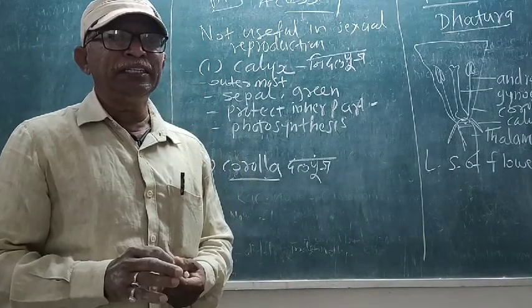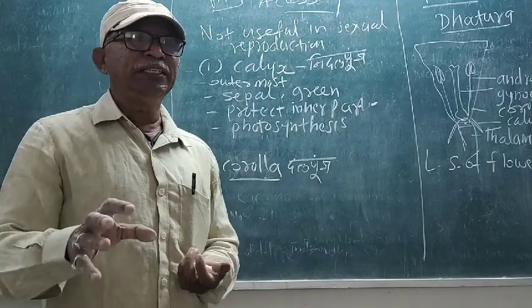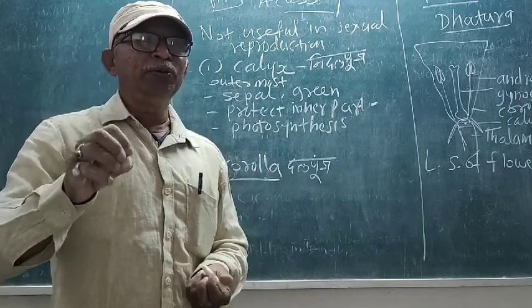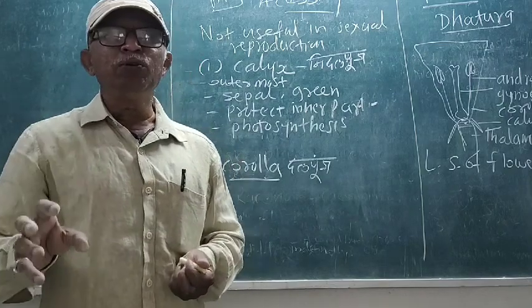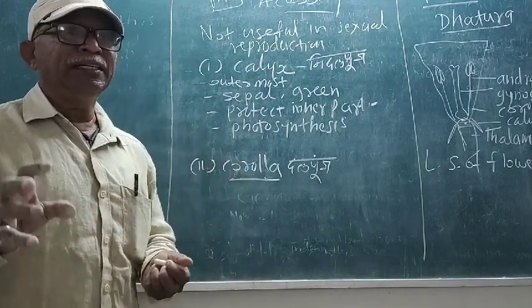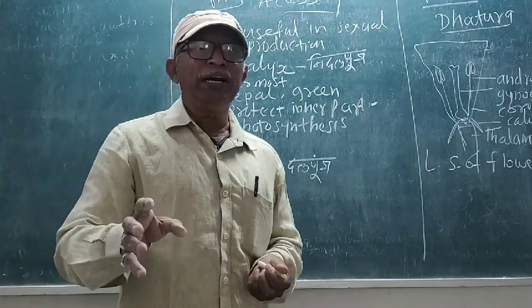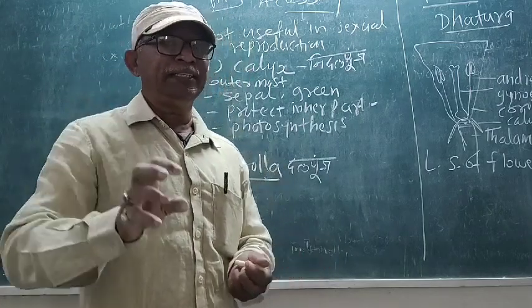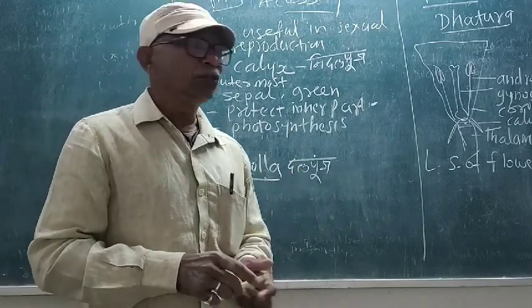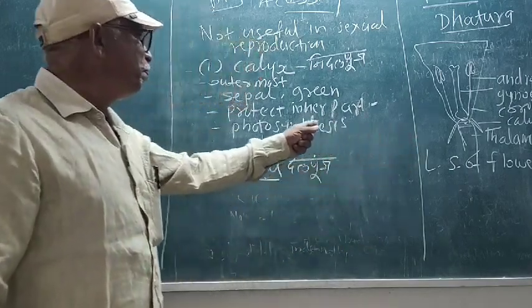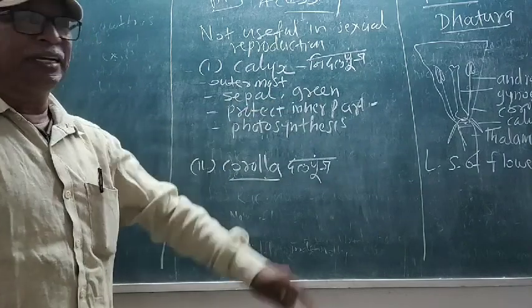What is photosynthesis? It is a process in which the green plant produces its own food with the help of atmospheric CO2, light, the chlorophyll pigment, water, and all the necessary conditions. So we are studying here part number 1, the calyx.